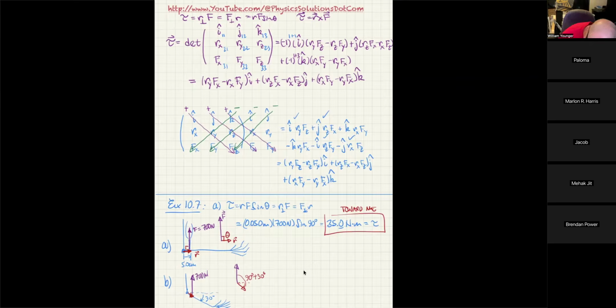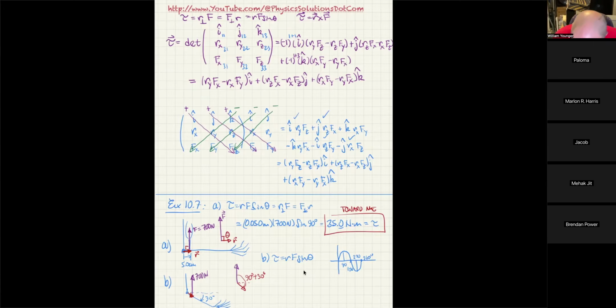And we know for part B that the torque is equal to R times F times the sine of the angle between them. But we also know that sine looks like this. So this right here is 180, this is 90, this is 270, and this is 360 degrees.